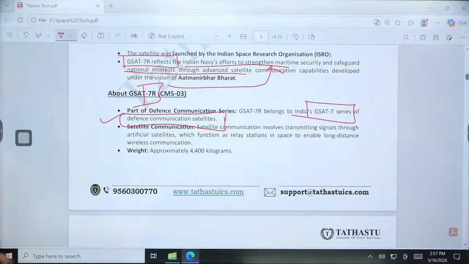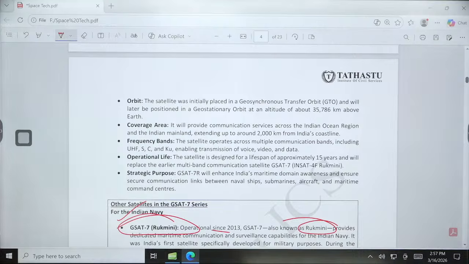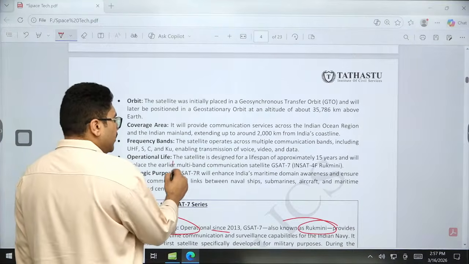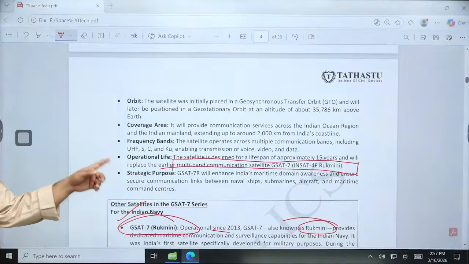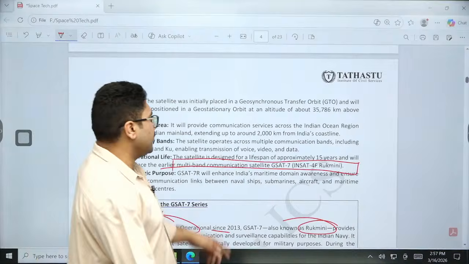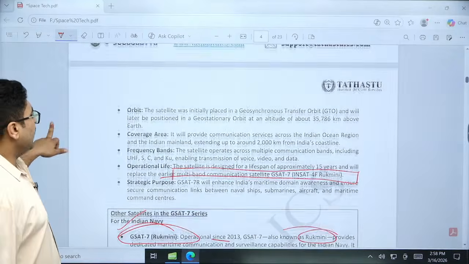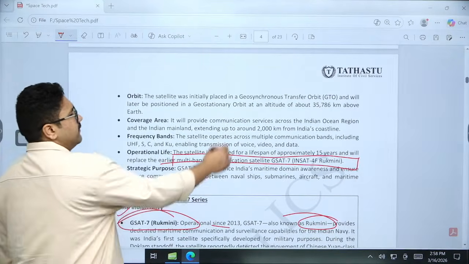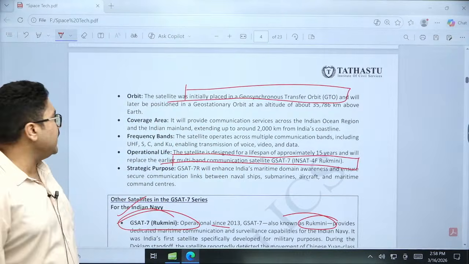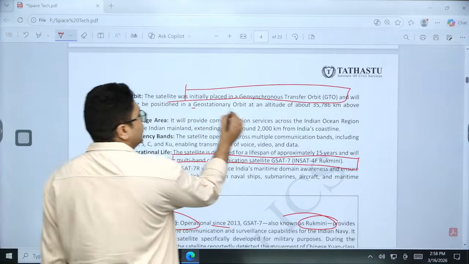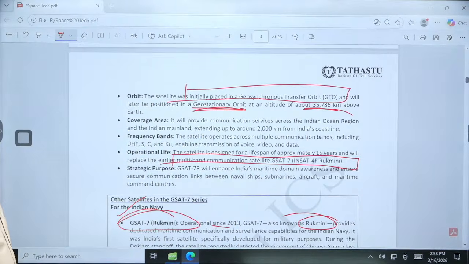GSAT-7R is used for replacing the GSAT-7 Rukmani satellite. We have already launched Rukmani satellite. To replace that, we are going to launch GSAT-7R satellite. The satellite will be initially placed in a GTO orbit, that is transfer orbit, and then it will come back to geostationary orbit, which is at an altitude of 35786 kilometers.